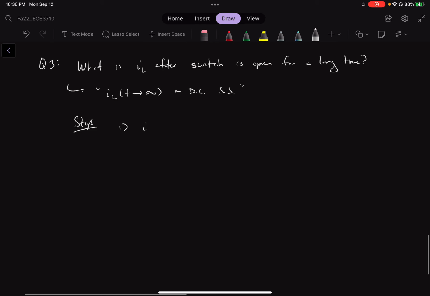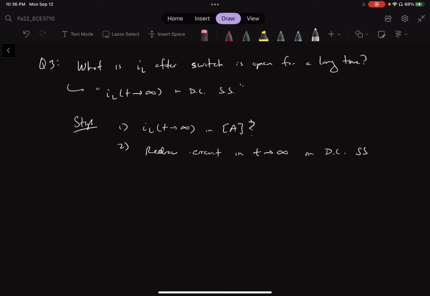Steps. 1, we're solving for IL, the current of the inductor as time approaches infinity, in amps. How do we do this? You need to redraw the circuit in time approaching infinity state, in DC steady state.